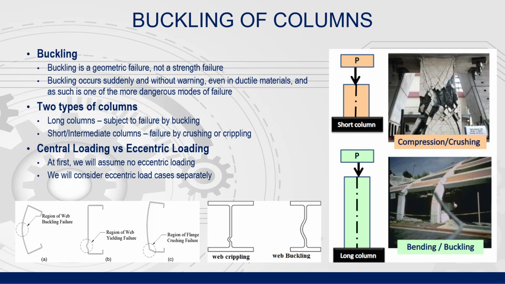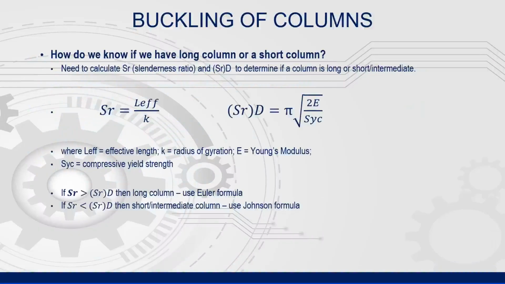Central versus eccentric loading refers to a load's position relative to a column's moment of inertia. The analysis method differs when you have eccentric as opposed to centrally loaded columns. Two results are needed to determine whether we have a long, short, or intermediate column.